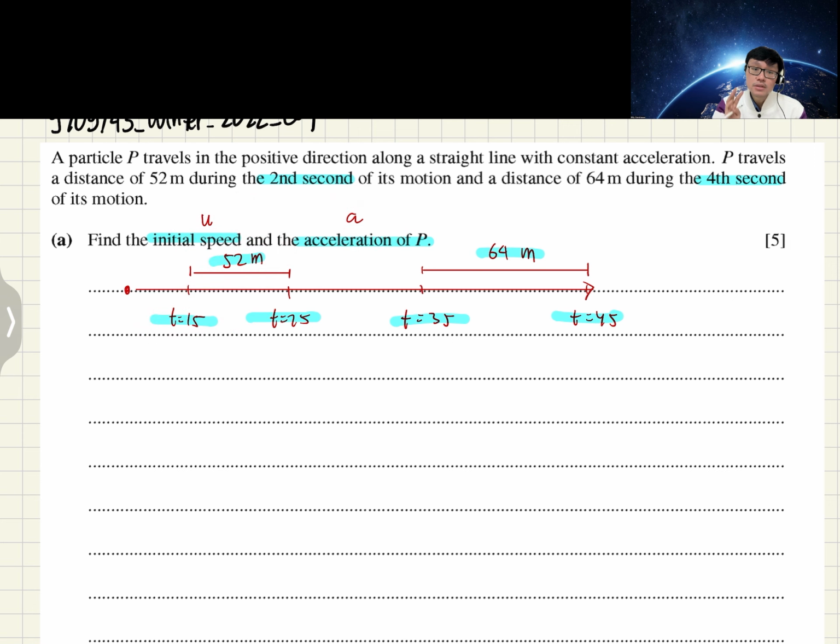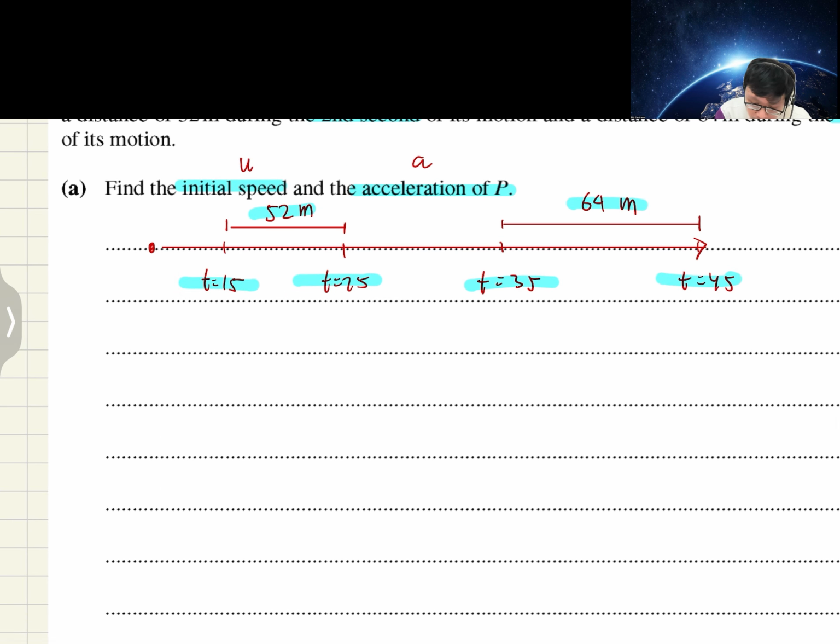So we can use once again the third equation. The problem here is we don't have the displacement from the beginning, but we have the displacement from 1 second to 2 seconds. So we can find instead S2 minus S1 equals 52.